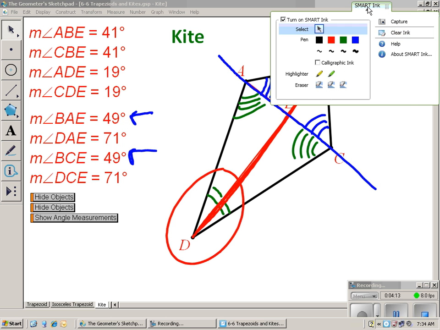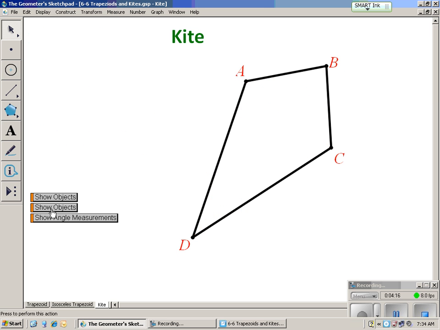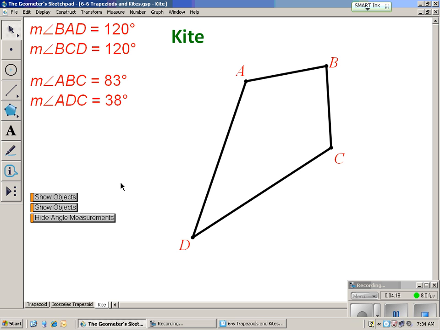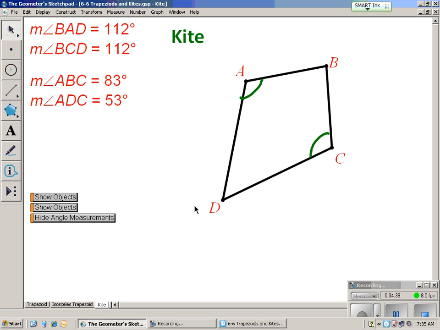And there's one more. BAD, this angle, is congruent to BCD, this angle. These opposite angles are congruent to each other. They look to be congruent, but the angle D and angle B are not necessarily congruent to each other.